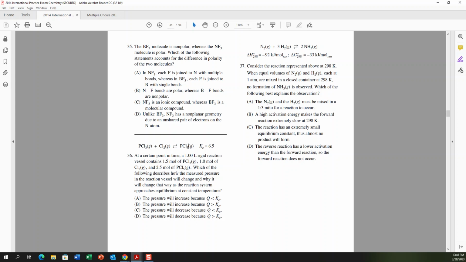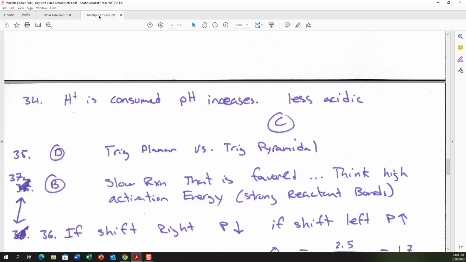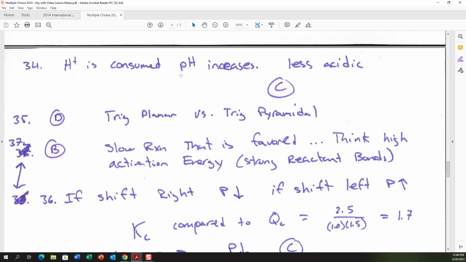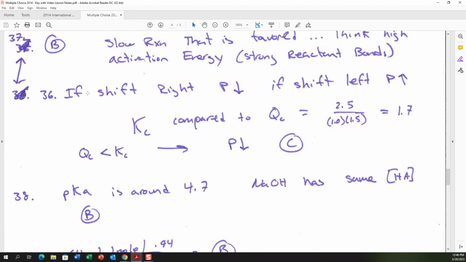Okay, so remember, Q is just the same thing as the expression. So you're going to do 2.5 divided by 1.5 divided by 1. No coefficients other than 1, so we don't have to worry about squaring or anything like that. So QC would be equal to this.